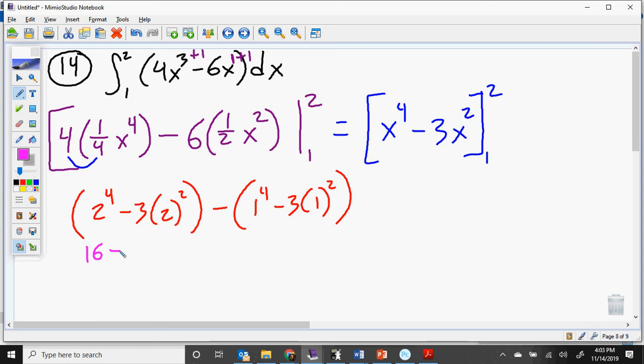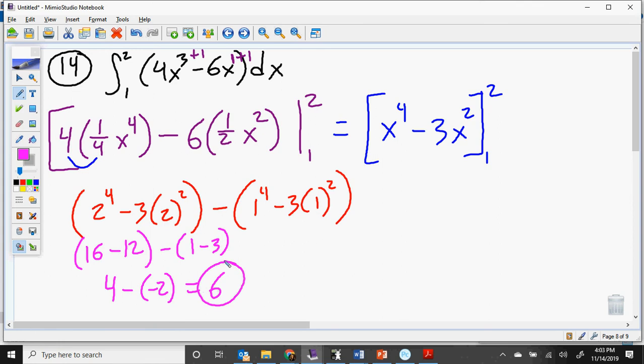Minus, that's 4 times 3 is 12. 1 to the fourth power is 1. 1 squared is 1 times 3 is negative 3. 16 minus 12 is 4. Minus 1 minus 3 is negative 2. So that's 4 plus 2, which is 6. And the answer to 14 is 6, that would be C. Answer choice C.